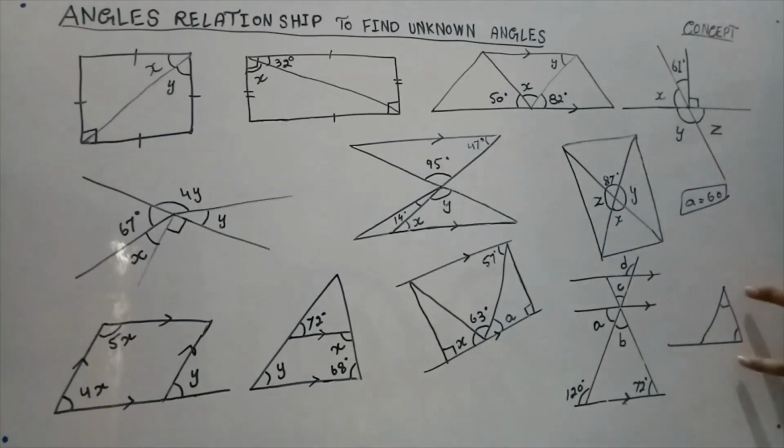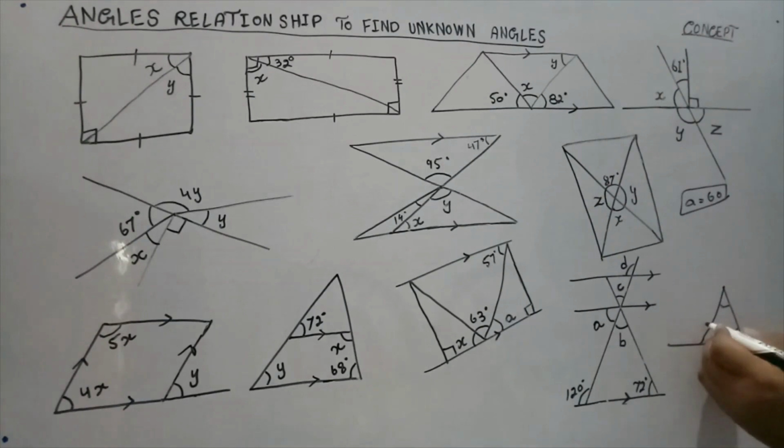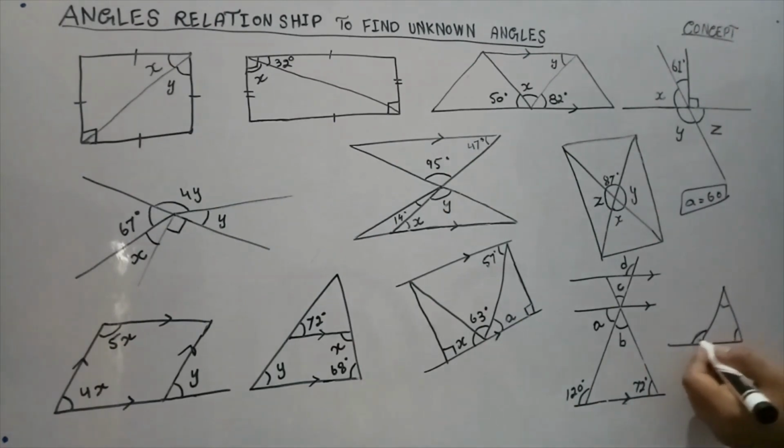The sum of these two interior angles will be equal to the opposite exterior angle. It means that if I extend this baseline, first of all we have to extend this line.